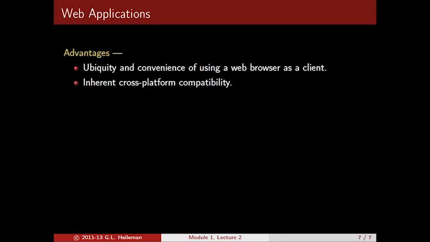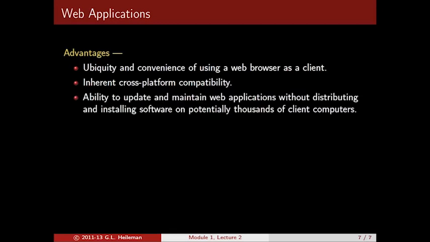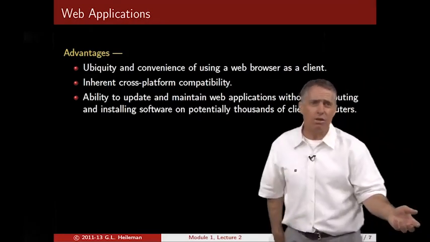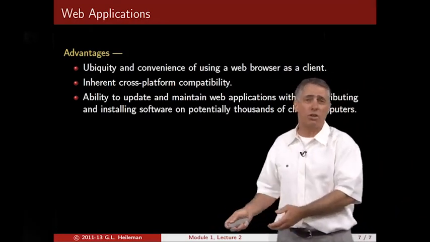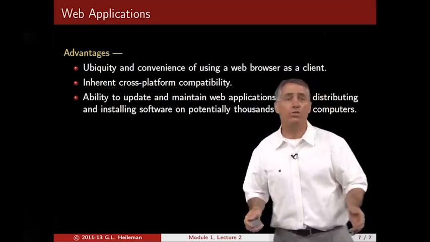Nowadays, that's not much of a problem. Applications running on the internet are inherently cross-platform. It doesn't really matter what type of computer you own. The ability to maintain and update web applications without installing new software is facilitated by this approach. It's very easy to update the back end of a website or to install a new browser without breaking the whole system.